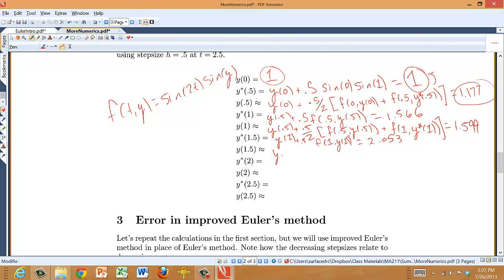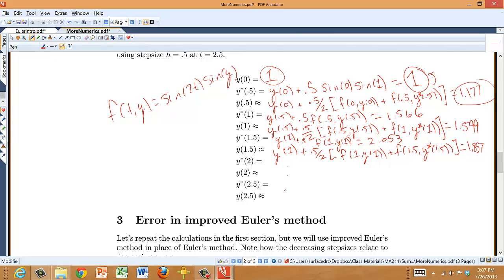Okay, so now this would be y at 1 plus my step length over 2 times f evaluated at 1 and y of 1 plus f evaluated at 1.5 comma y star at 1.5. And if you do that, you get 2.053. No, you get 1.857. Okay, and you can just keep doing that for as long as you like.